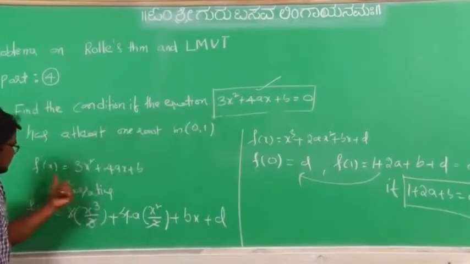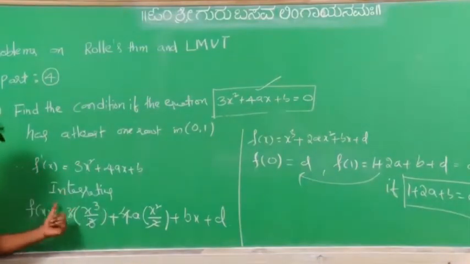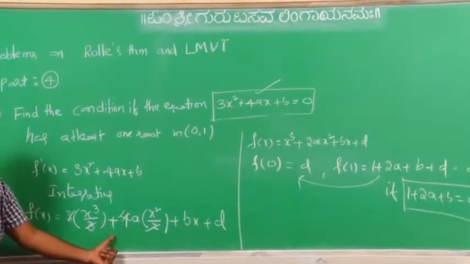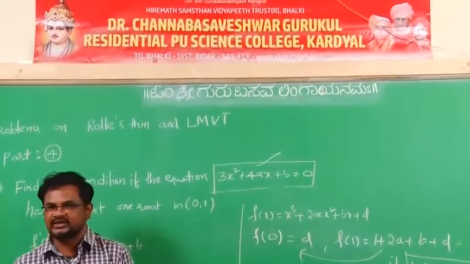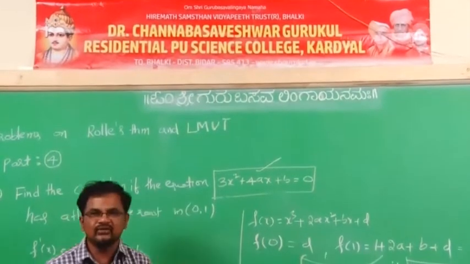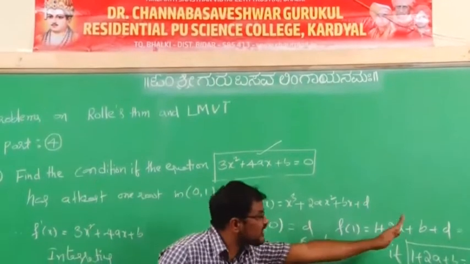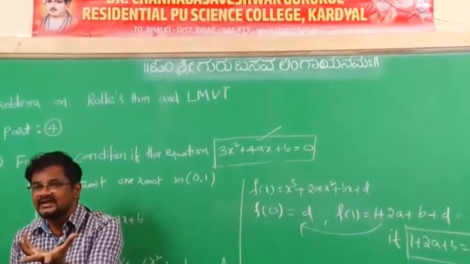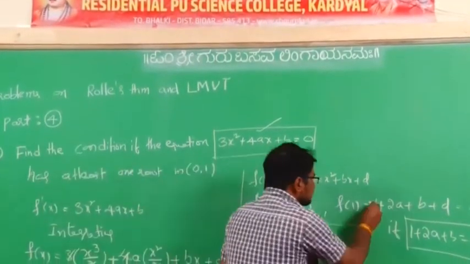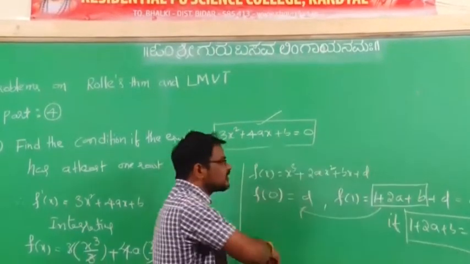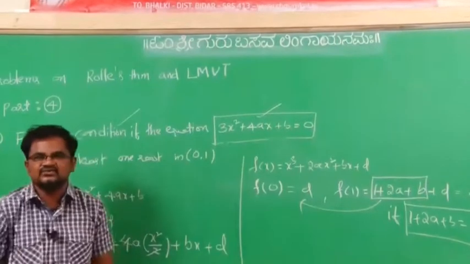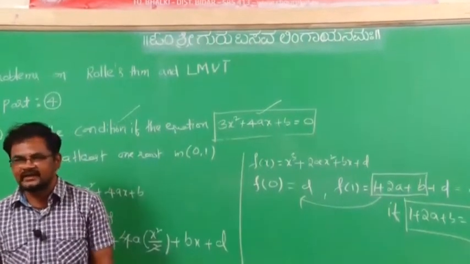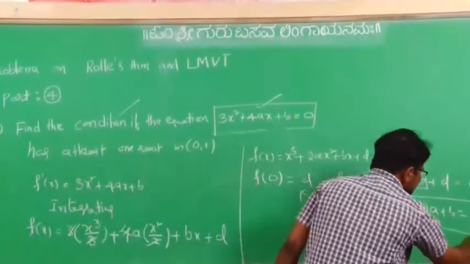The given equation is f dash x; do the integration and you get f of x. So f is continuous and differentiable, and f of 0 equal to f of 1 is needed. f of 0 is d, and f of 1 should also be d, which happens whenever this value is equal to 0. That is the condition for this equation to have at least one root in the given interval. So our required condition is this.